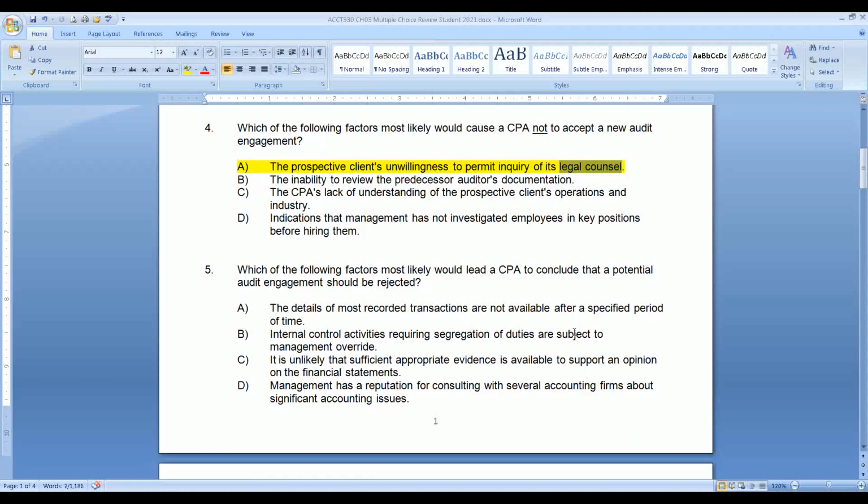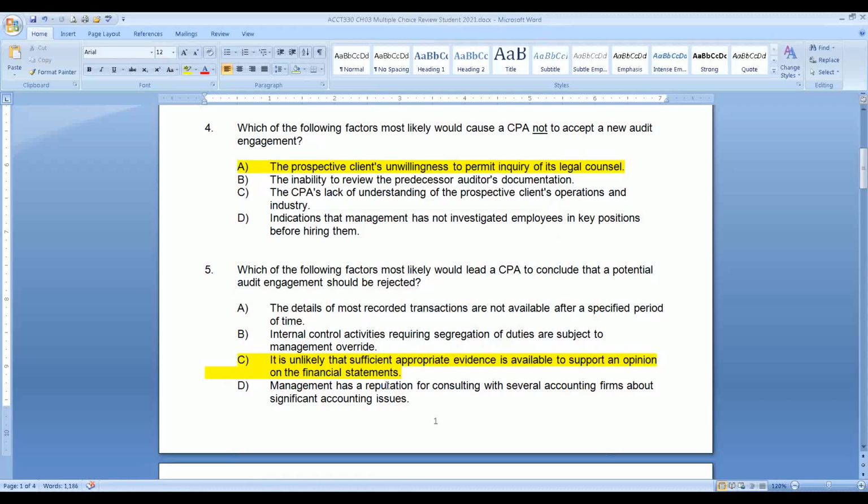So, okay, 5. You got this right. This is a tough one. So what would most likely lead to concluding the potential? If you don't think you can get enough evidence to support an opinion, you shouldn't take the audit.